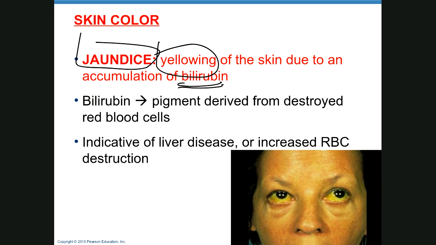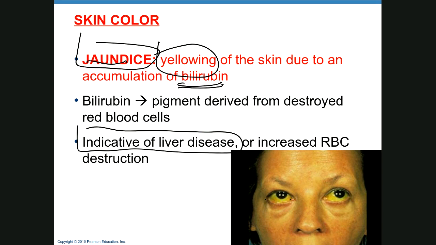Then bilirubin accumulates in blood and begins to seep out of blood and go into the skin and gives the skin a yellow coloration called jaundice. You can also see it in the white of the eyes. In an adult, this type of condition is typically indicative of liver disease.